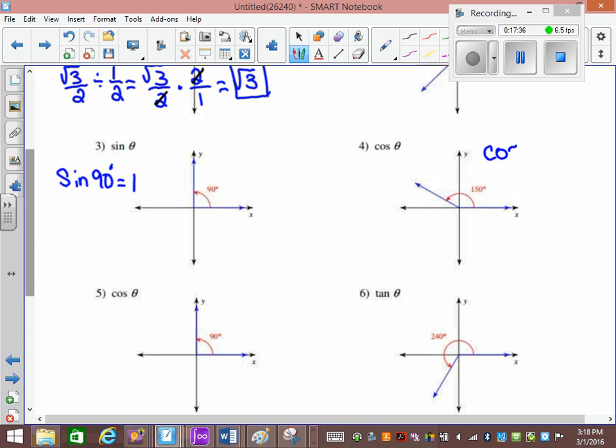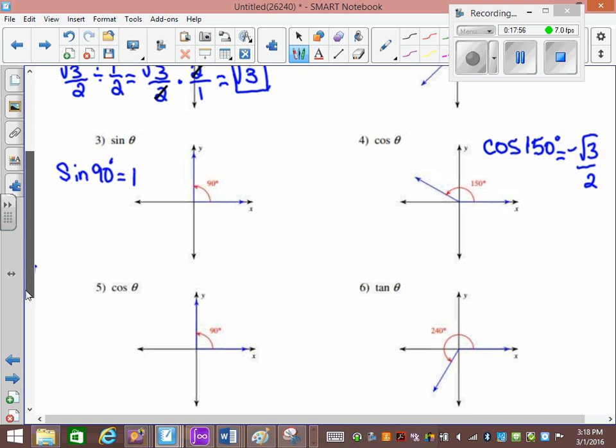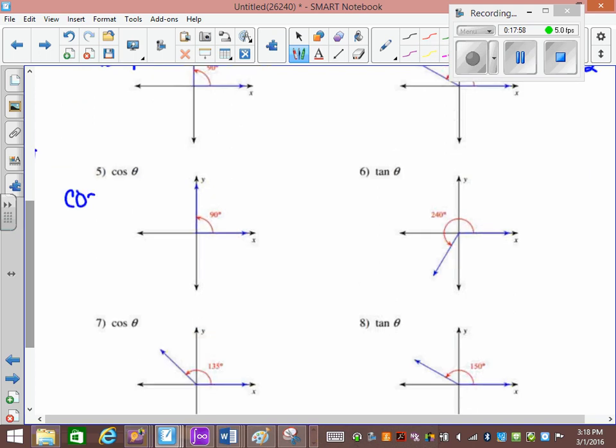Cos of 150 is the x value at 150, which is negative root 3 over 2. Cos of 90 is 0.